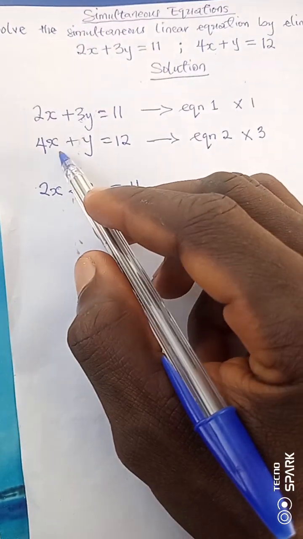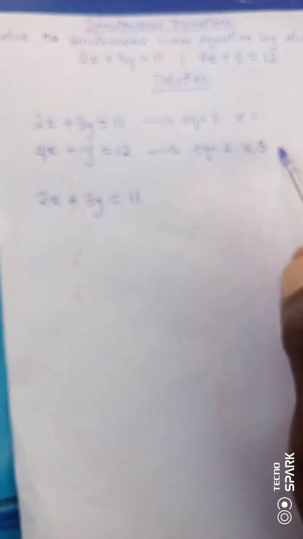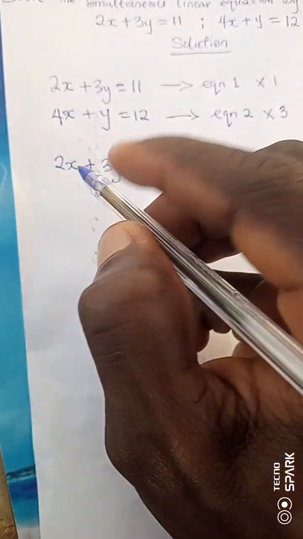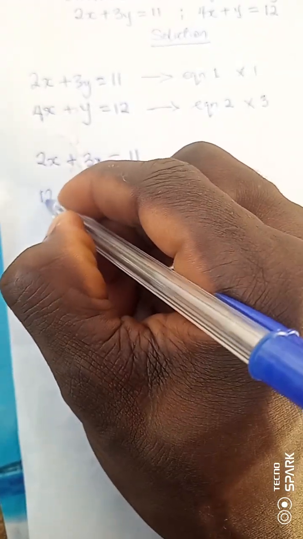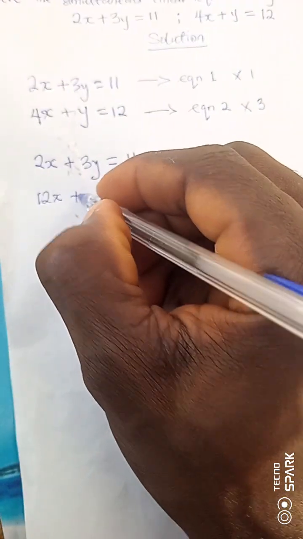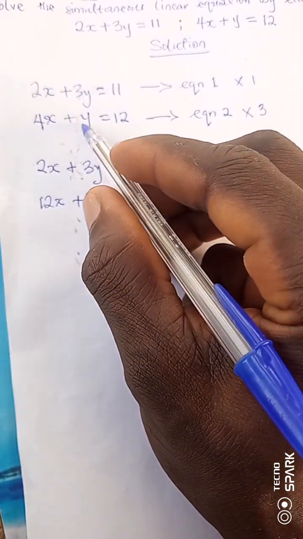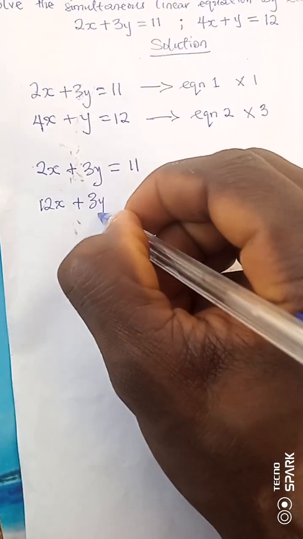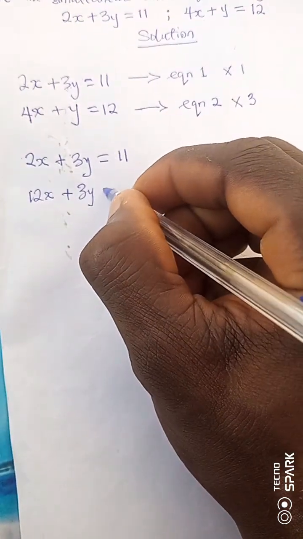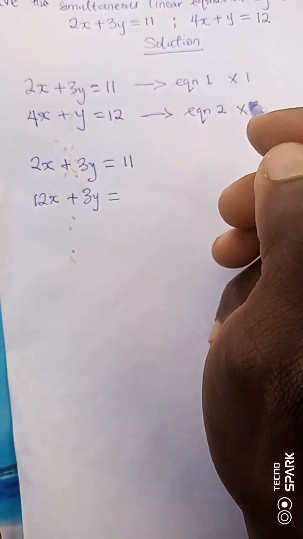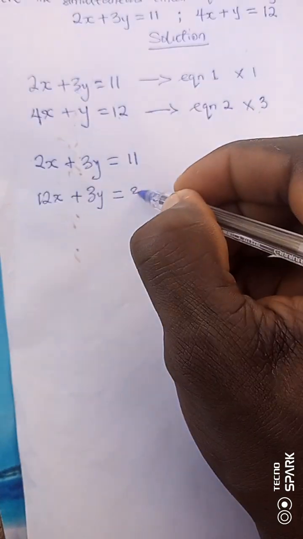Then come to equation 2, which we are multiplying by 3. 4x times 3, we're going to have 12x, plus y times 3 is 3y, is equal to 12 times 3, which is 36.